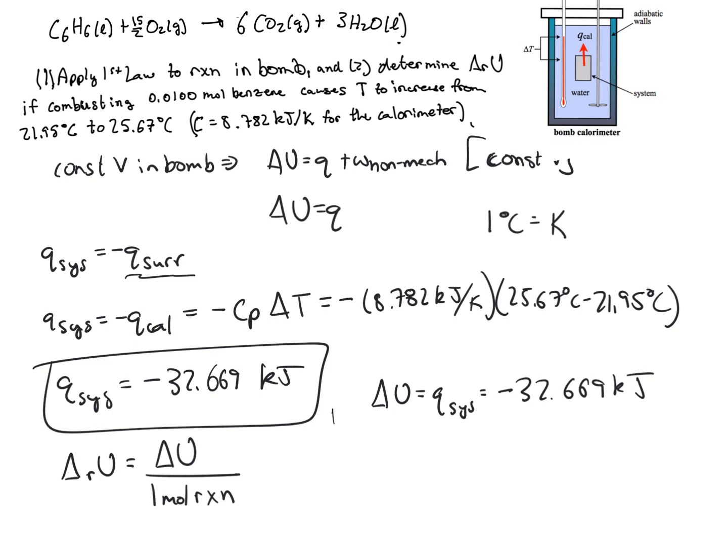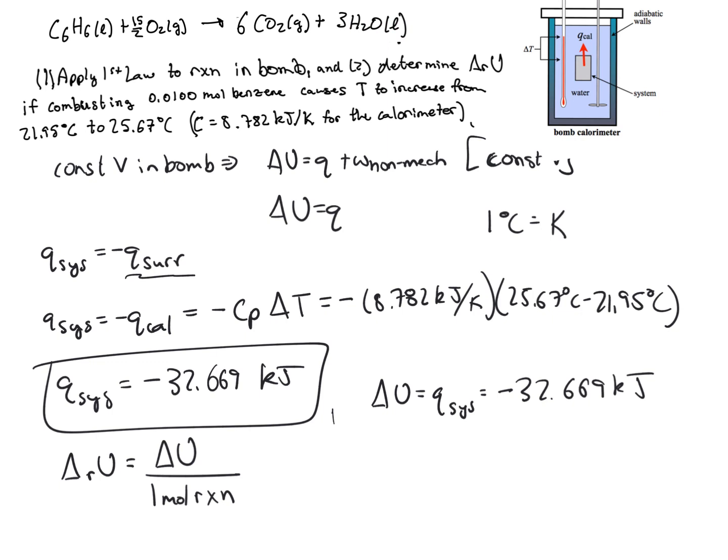So it's how much the change in energy of the system is for every 1 mole of reaction. 1 mole of reaction, though, is 1 mole of benzene consumed, because the coefficient is 1, 6 moles of CO2 produced, 3 moles of H2O produced, etc.